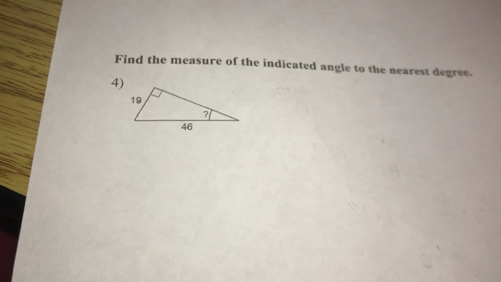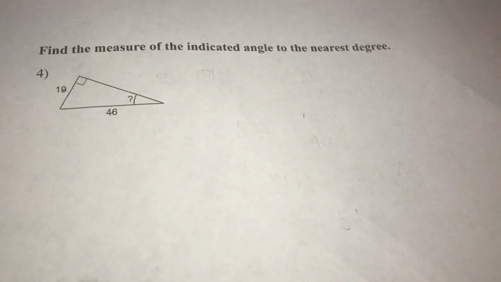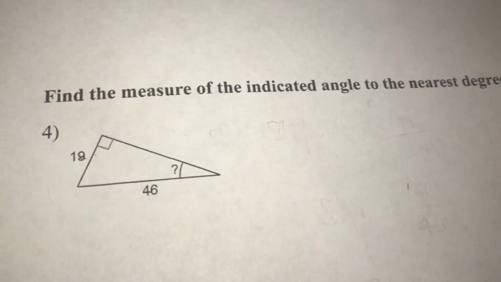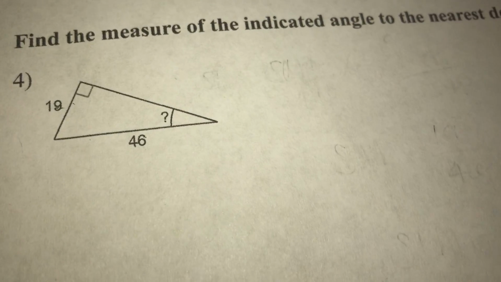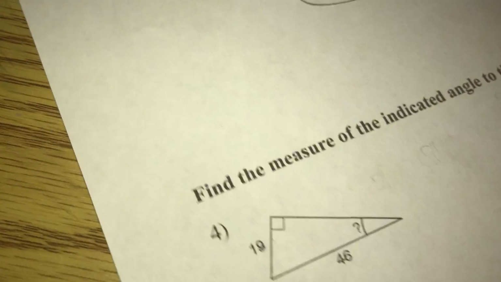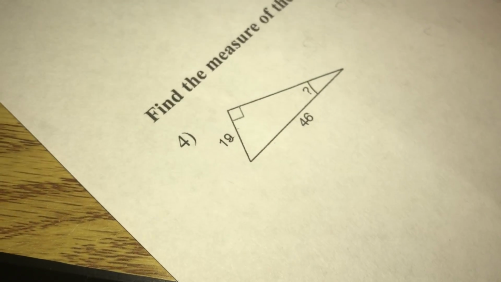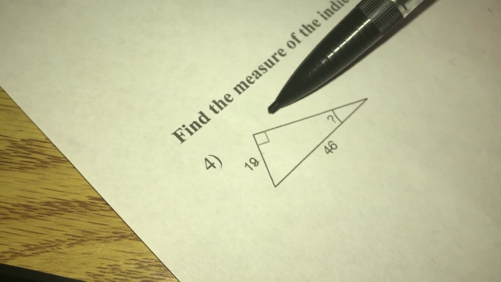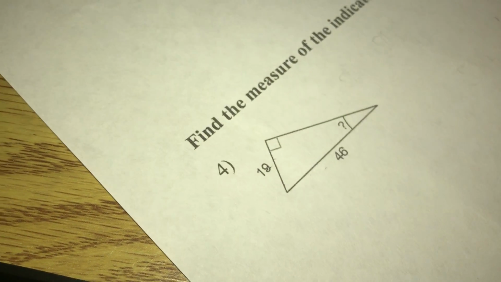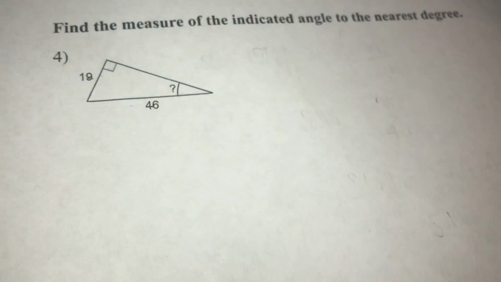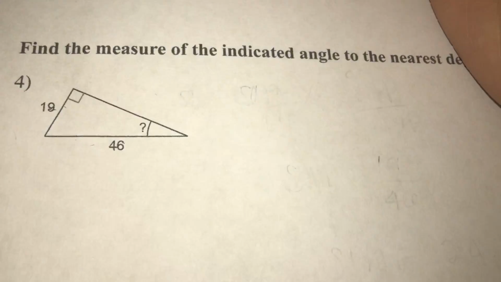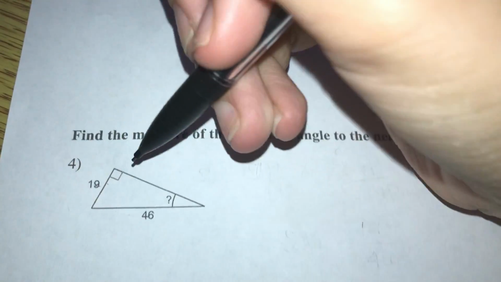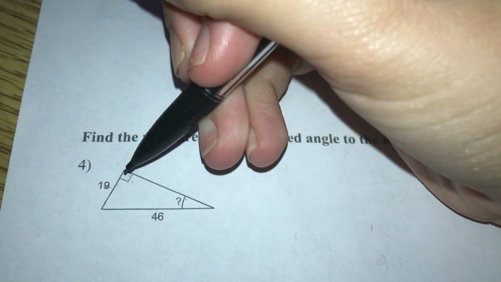Okay, so for number 4 it says find the measure of the indicated angle to the nearest degree. For this we have the adjacent, the opposite, and the hypotenuse. We're going to be finding the opposite of this angle, so it'd be opposite.